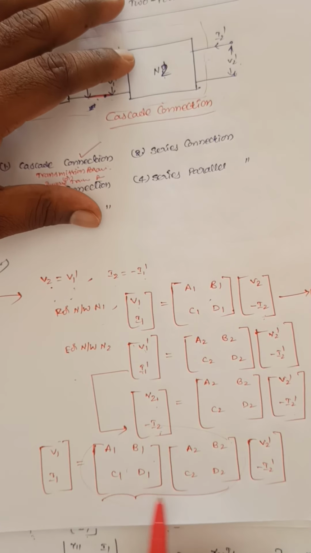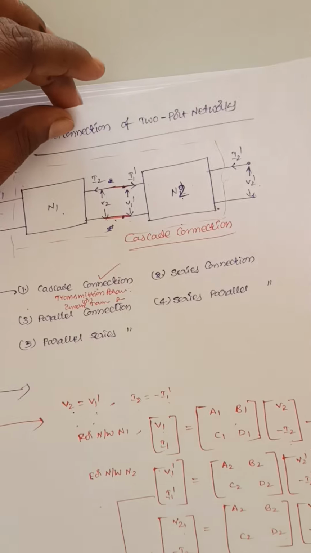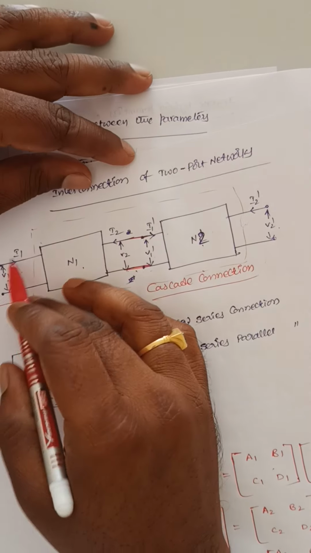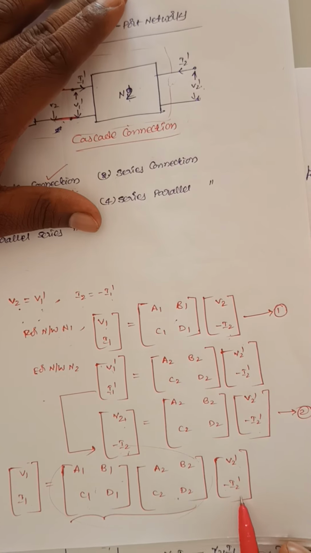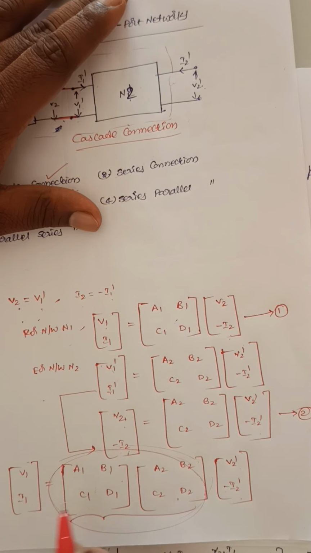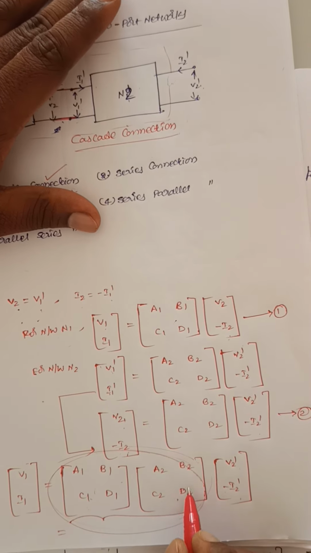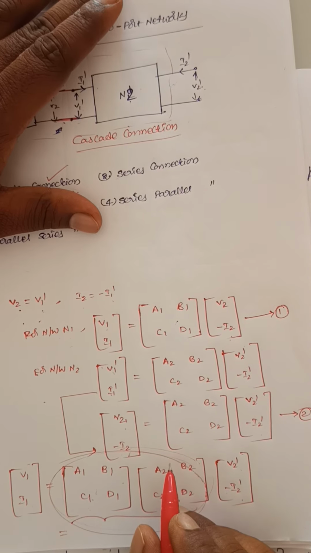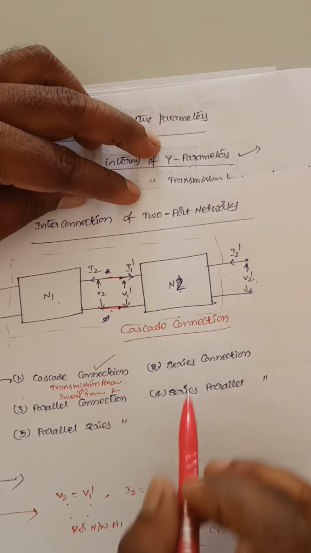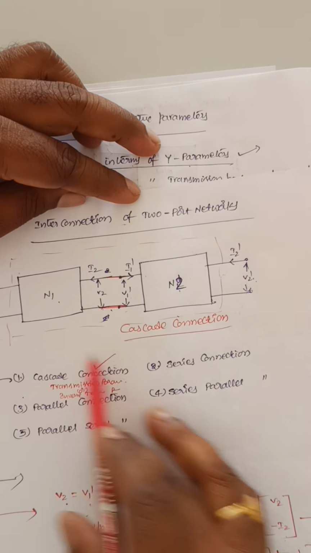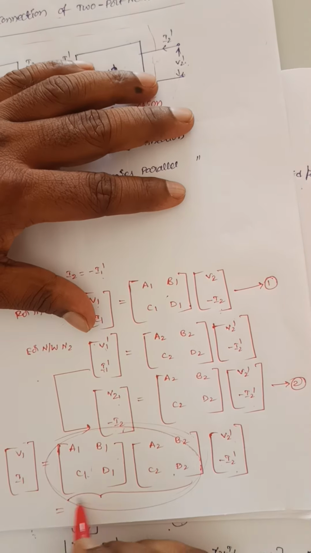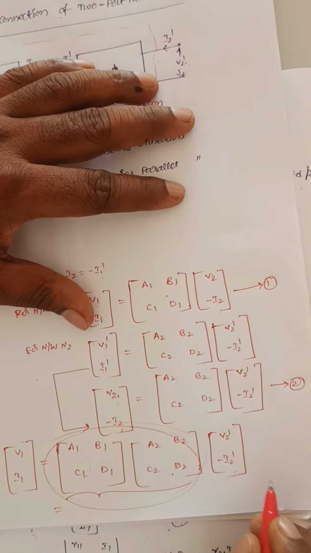Here the input is V1, I1, and the output is V2 dash, minus I2 dash. So this is the equivalent transmission line parameters for this cascade connection, that is, the multiplication.